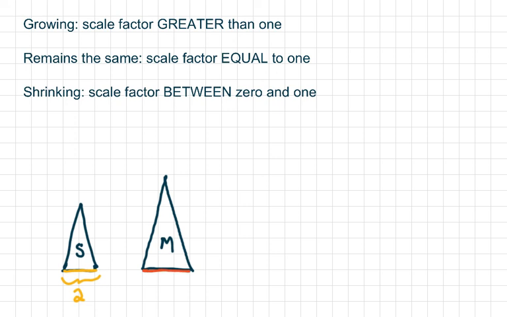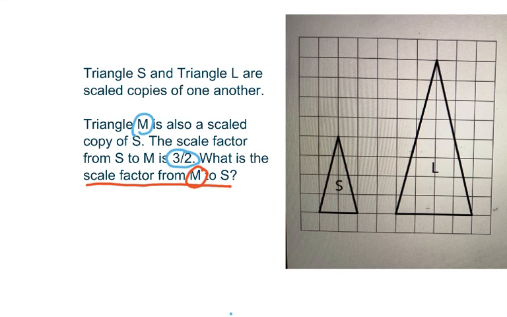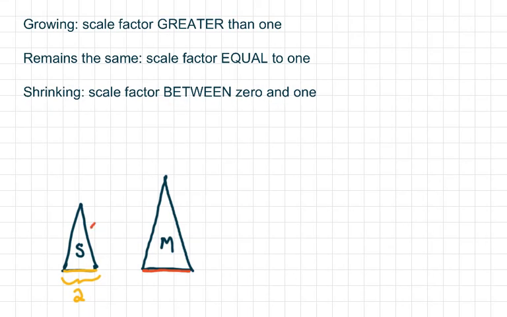And I know it's going to be 3 units because it says that the scale factor from S to M is 3/2. So I'm going to go from S to M by multiplying. So I'll take 2, multiply it by 3/2. And when I do that, it gives me an answer of 3. So that means that the length, this distance, is 3 units.